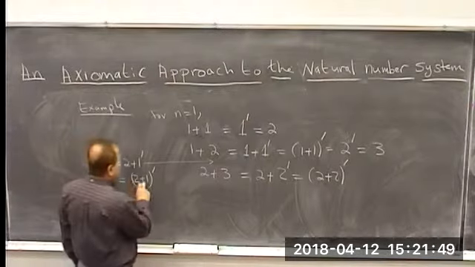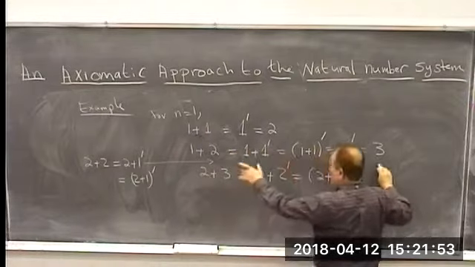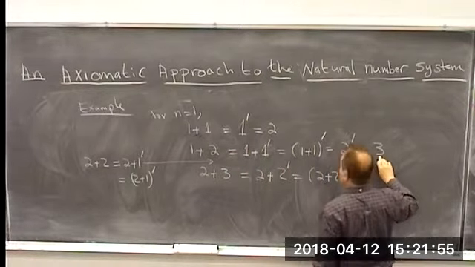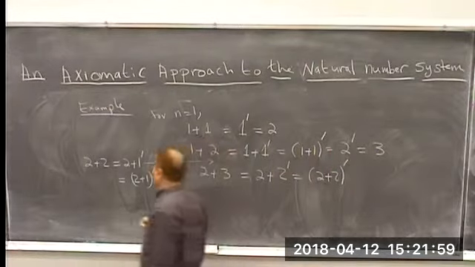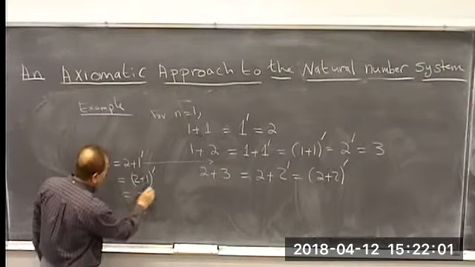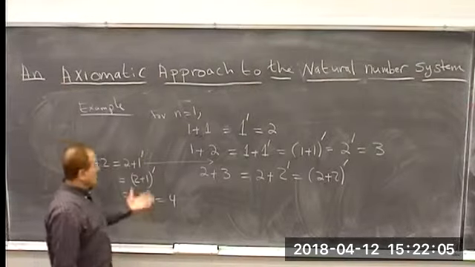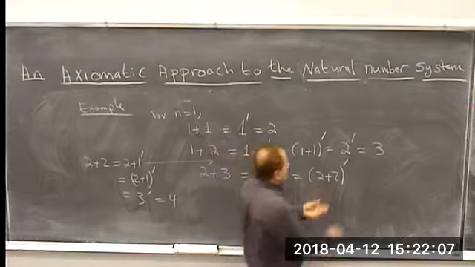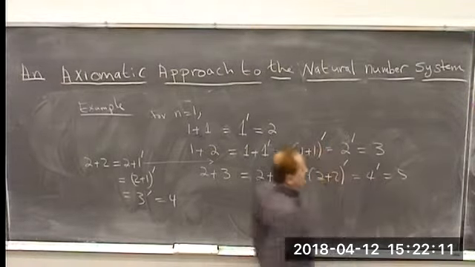Then 2 plus 1, we already did this, or 1 plus 2. Actually, we might need to redo that one in a different way. So that is equal to 3, and the successor of that is equal to 4. So in here you have 2 plus 2, and this becomes the successor of 4, and this is equal to 5.